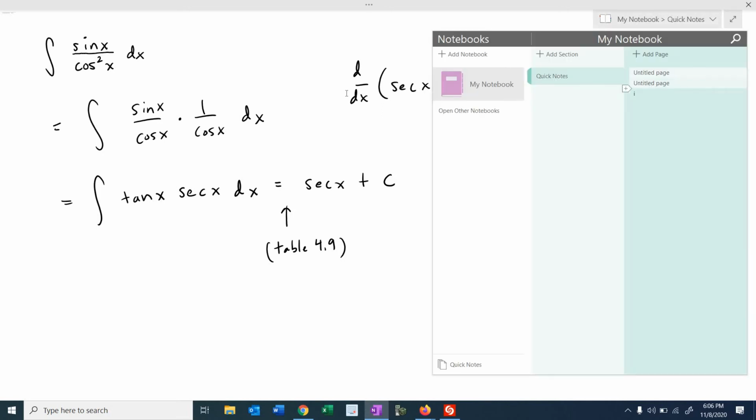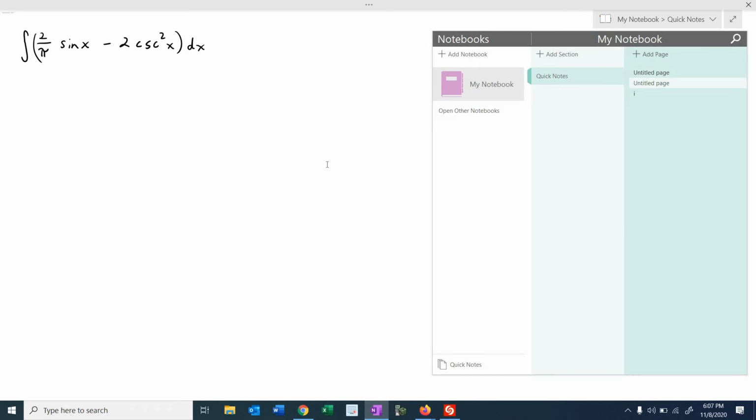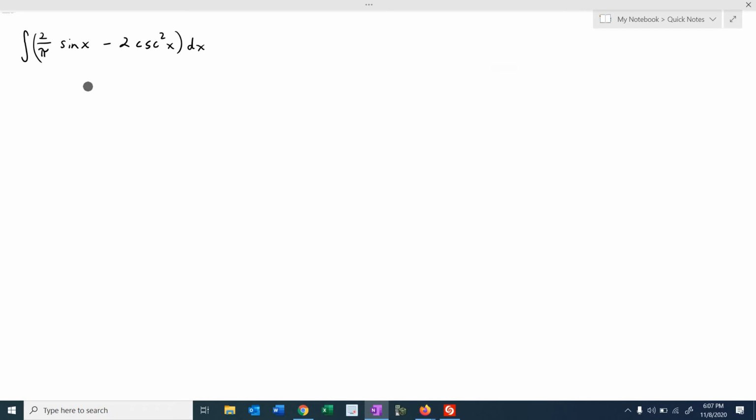Okay, so let's try another one. Here we want to find the antiderivative of this function minus this function. So remember, one of the properties of antiderivatives is you can break it up across subtraction or addition. So let's do that first.